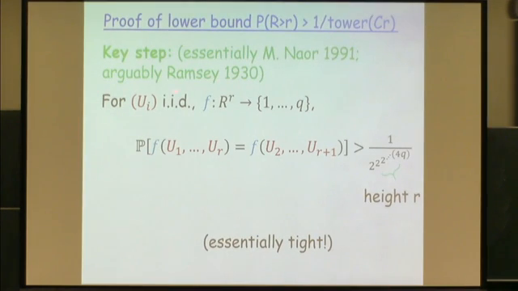And again, someone else got there before us: Moni Naor, again motivated by applications in distributed computing, proved an essentially equivalent result to this, although if you read that paper, it's not totally obvious it's the same result, but it is. Arguably, it's really a manifestation of Ramsey's theorem. So anyway, here's the key thing.